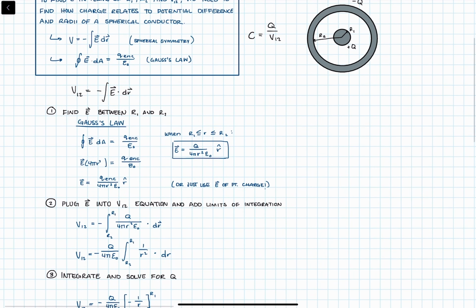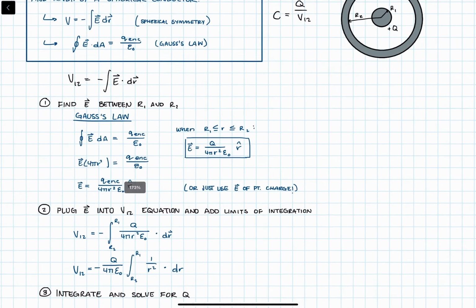Since this is a sphere, the area will be 4 pi r squared. We plug that into our equation and set it equal to Q enclosed over epsilon naught. Because the charge is uniformly distributed on a sphere, the field will be in the radial direction, r hat.